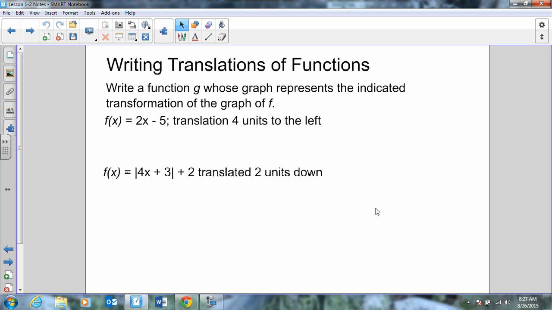So I would like you to write a function g whose graph is going to represent the indicated transformation of our original function, 2x minus 5, and we want to translate that 4 units to the left.